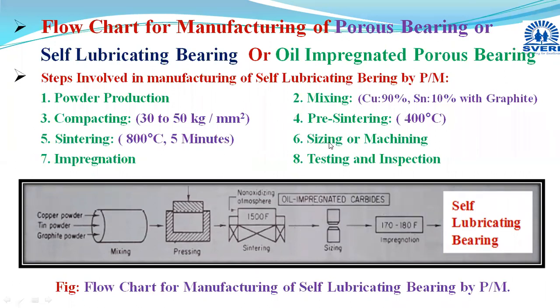One master die cavity, and with the help of two punches or plungers, we do the sizing. If the pore size on the surface of that component is larger, then sizing is done. And if the pore size on the surface of that product is very small, then we cannot do the sizing, because due to sizing those small pores will get closed.